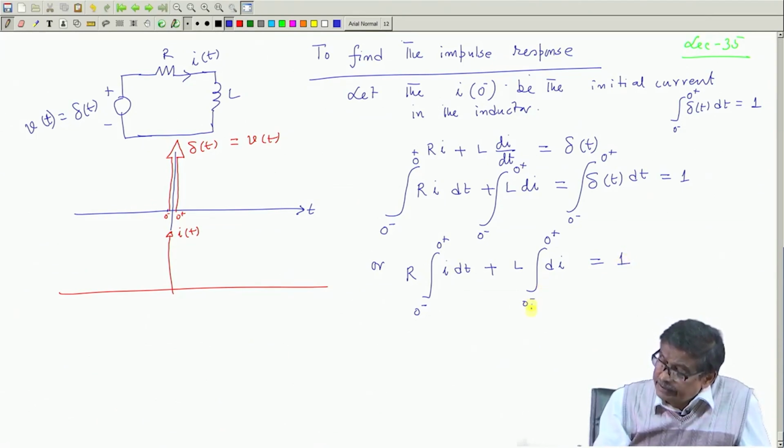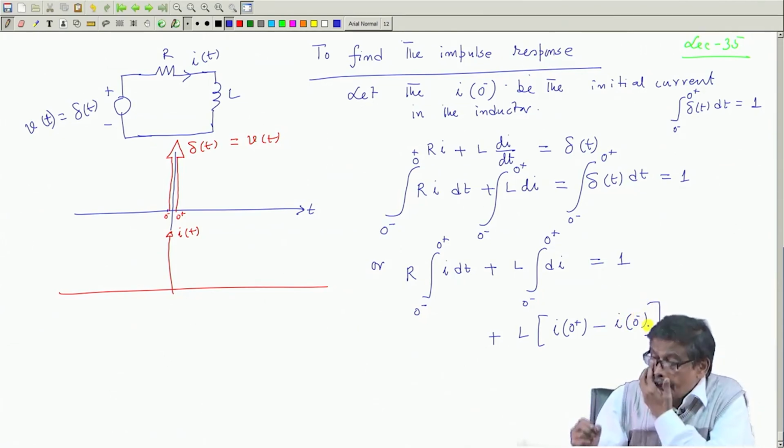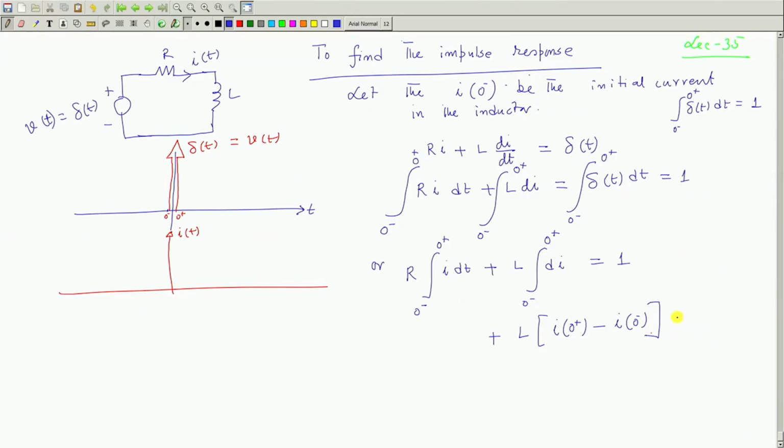So far as the second term is concerned, this integral will be i only, and this will be I0 plus minus I0 minus, and this side is equal to 1.